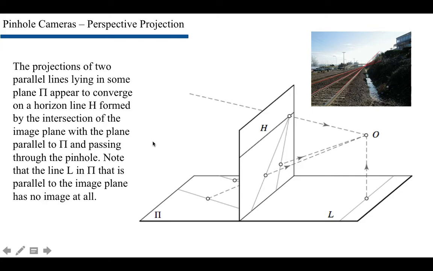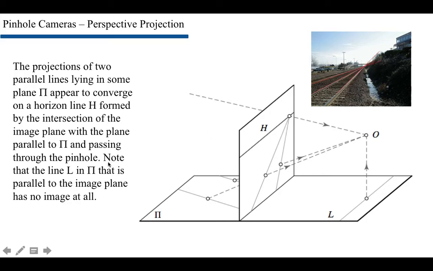They will appear to converge on a horizontal line H formed by the intersection of the image plane with the plane parallel to P and passing through the pinhole. So this is the plane H, and this is the plane P where the lines are lying. If we observe this plane, which is the virtual image plane, we can see pretty clearly that the lines intersect the horizon at some point.